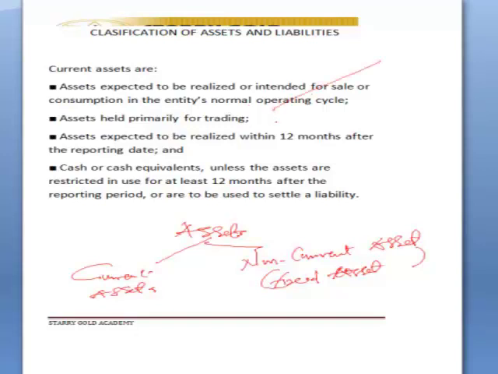For instance, inventories, because stock is outdated. Inventories are tagged current assets because they are consumable, whether your inventory of raw materials or of finished goods, within the normal operating cycle.